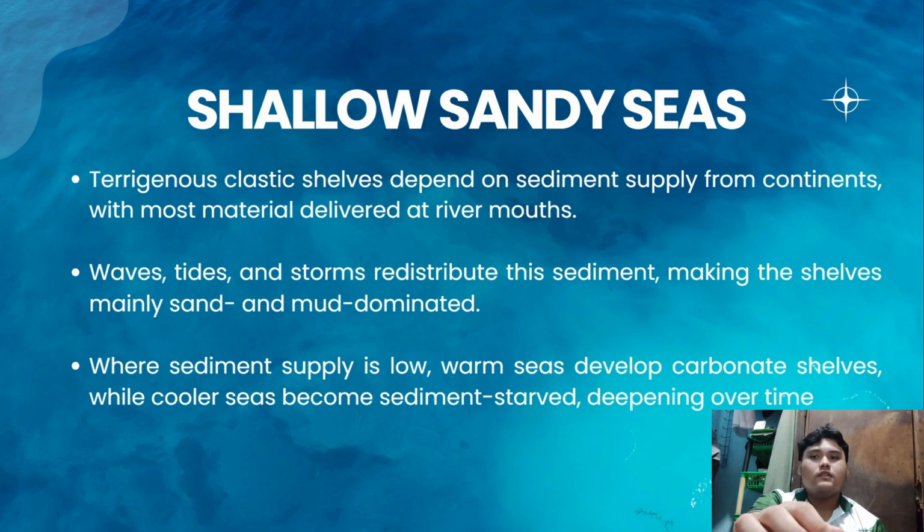Waves, tides, and currents keep the sand moving, forming features like sandbars, shoals, and beaches. Since sunlight can reach the bottom, the seas are full of life, including seagrasses, shellfish, fish, coral reefs, and more.